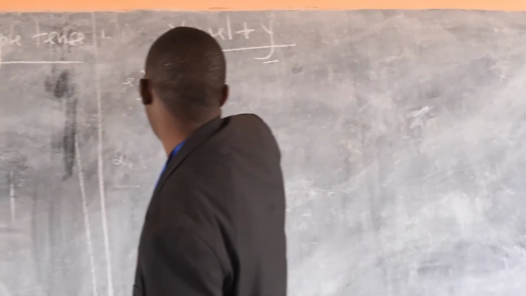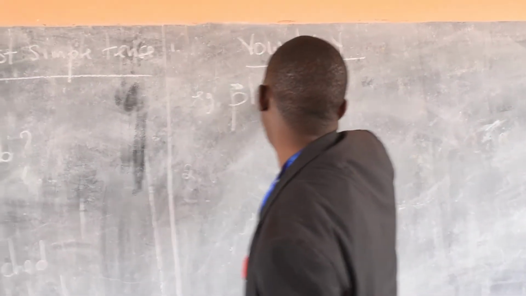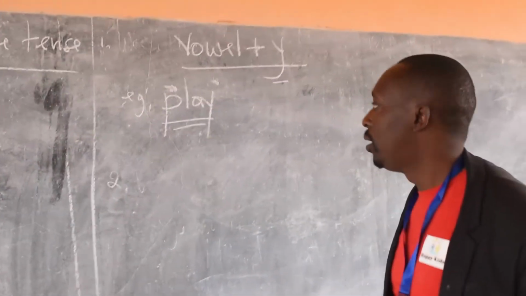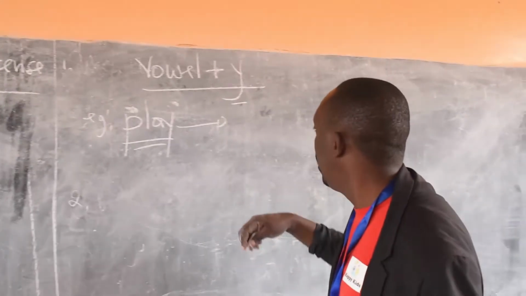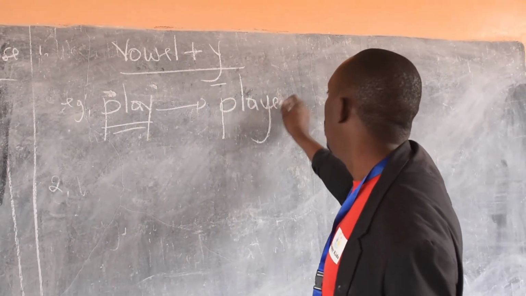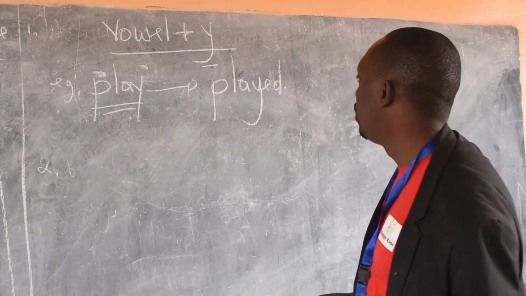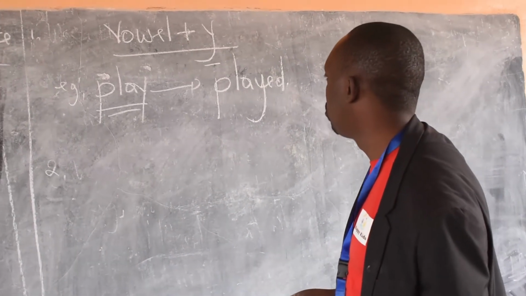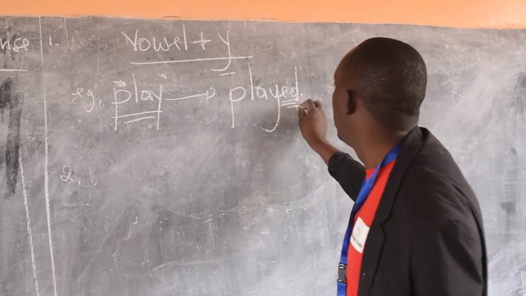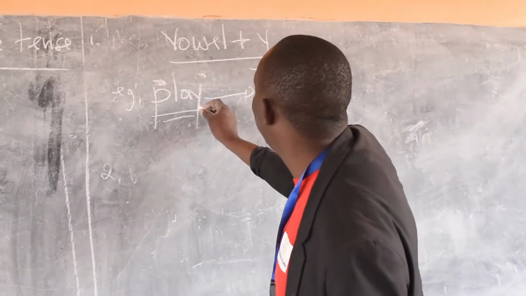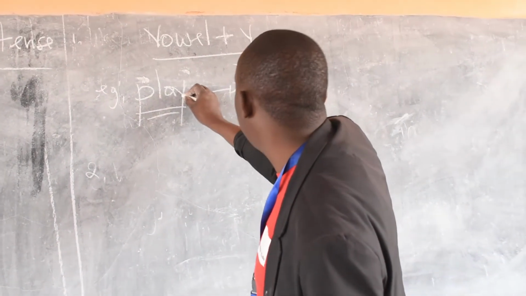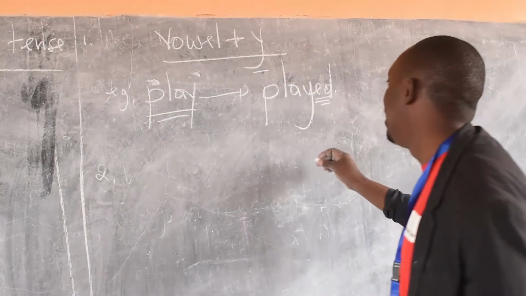Let me give you an example. Verb to play. This verb to play can be put in simple past as... Okay, so here we don't change this y into I before adding ed.